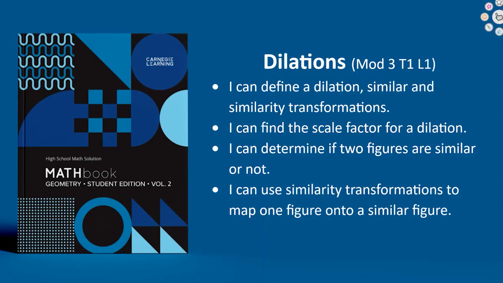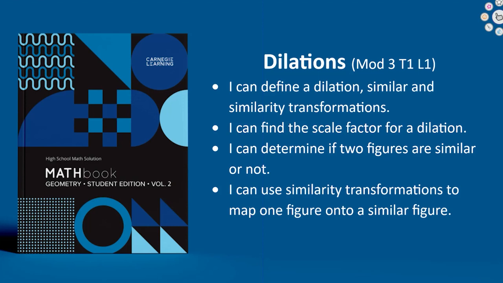All right, we defined dilation as a transformation where angle measures are preserved and side lengths are proportional. We've also defined similar the same way, by congruent angles and proportional sides.